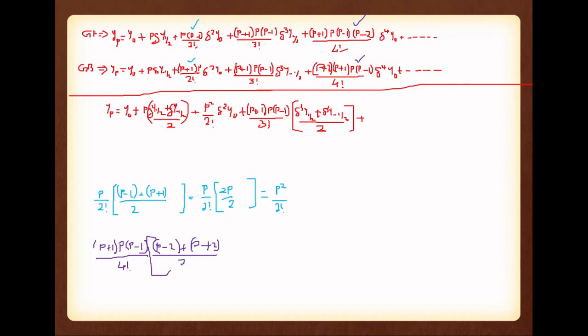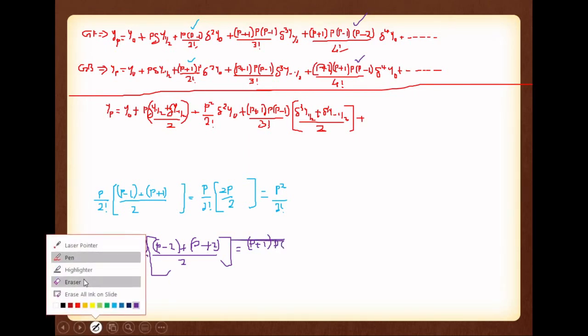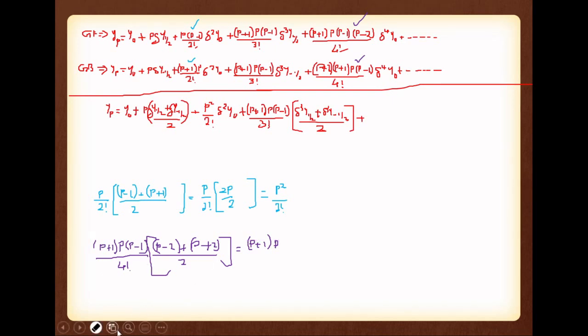So we are taking the average, so divide by 2. Here we have minus 2, here we have plus 2, these two are cancelled. So we have p plus 1 into p into p minus 1 into p minus 1 divide by 4 factorial into what is remaining?